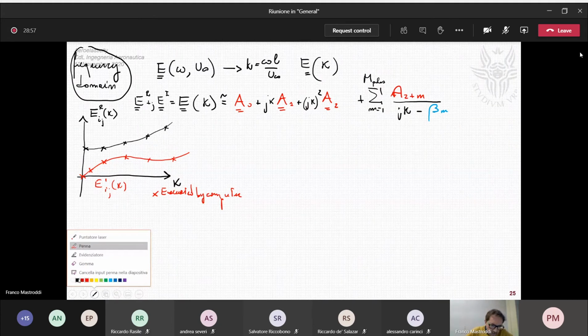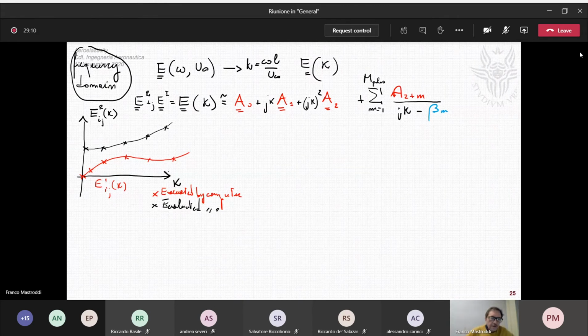I have the capability to evaluate my aerodynamic matrix for prescribed values of the reduced frequency, like this, this, this, and this. So these crosses are my computed data.